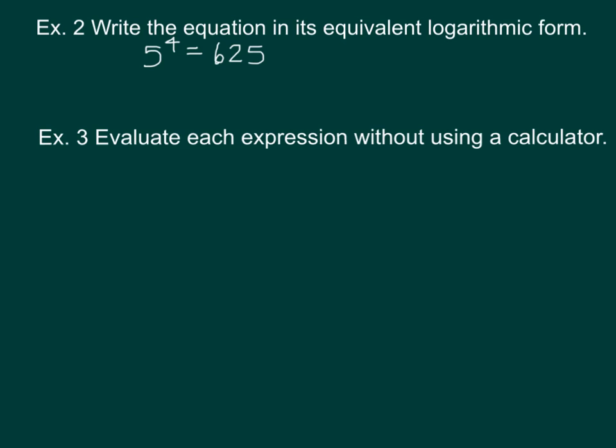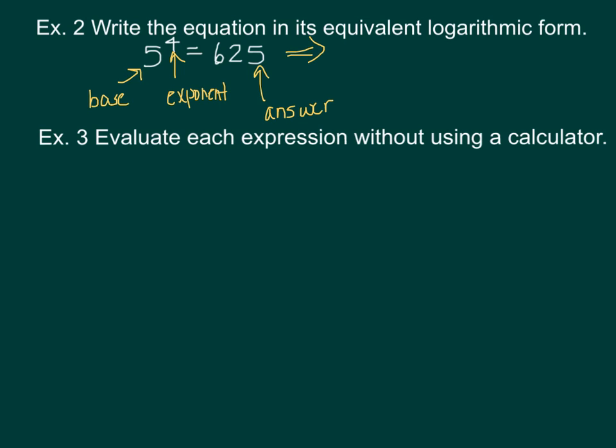In example 2, we're going to write the equation in its equivalent log form, because right now it's in exponent form, where 5 is the base, 4 is the exponent, and 625 is the answer you should get from multiplying 5 by itself 4 times.